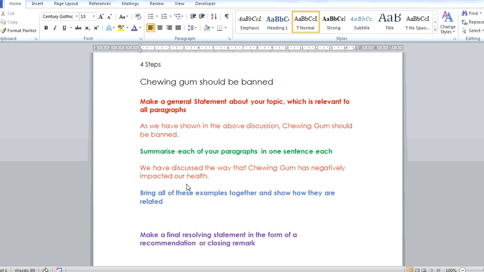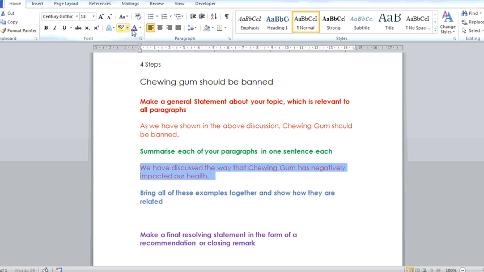Full stop. So that's 1 sentence that sums up that entire paragraph. It's not particularly specific, but that's okay, because at least it's done it. It's shown the evidence of what we have to do.